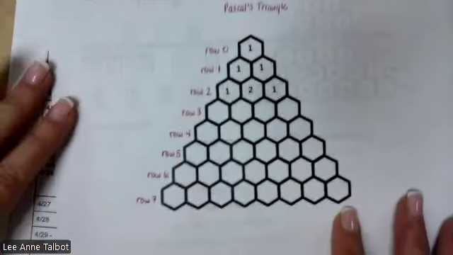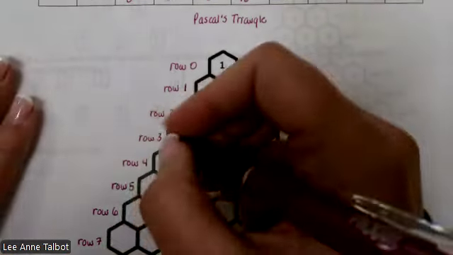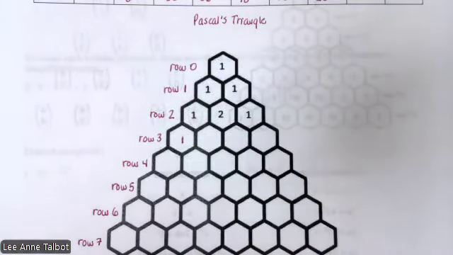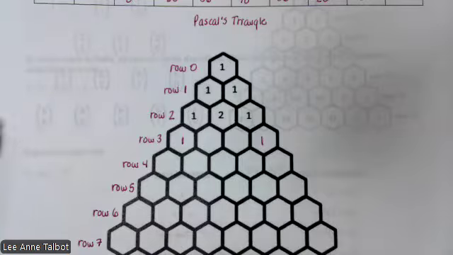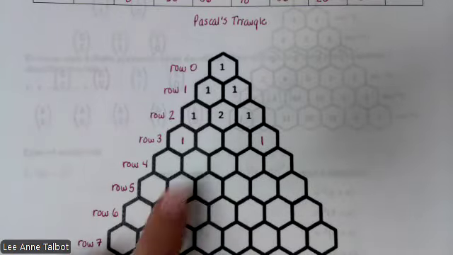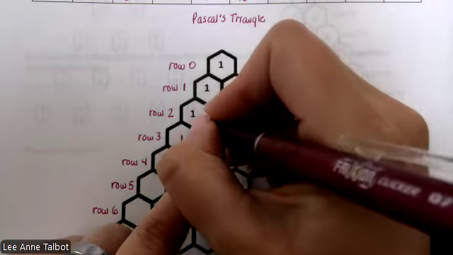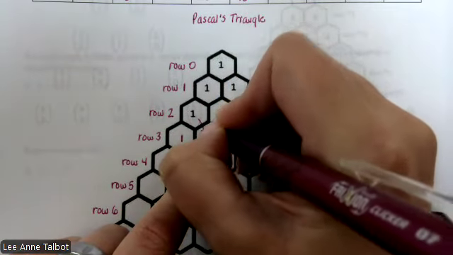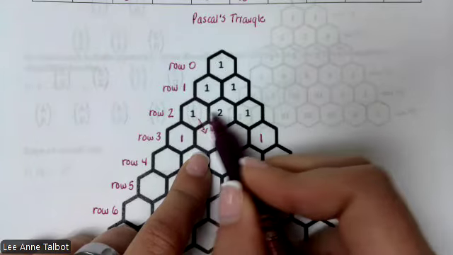Okay, so now I'm going to teach you how to do this much easier. Every row starts with a 1. Every row ends with a 1. And what you do to get the next spot is you add the 2 boxes above it.